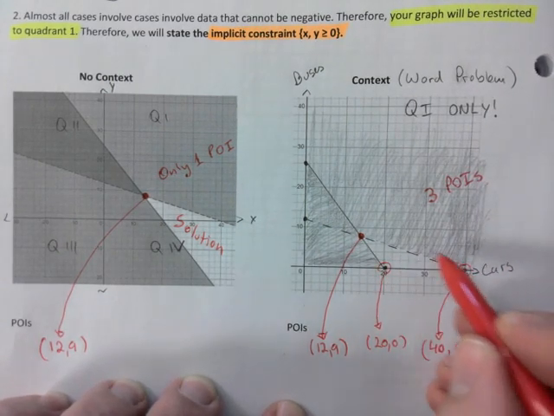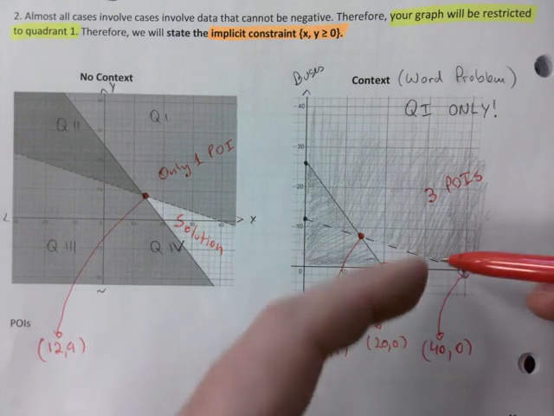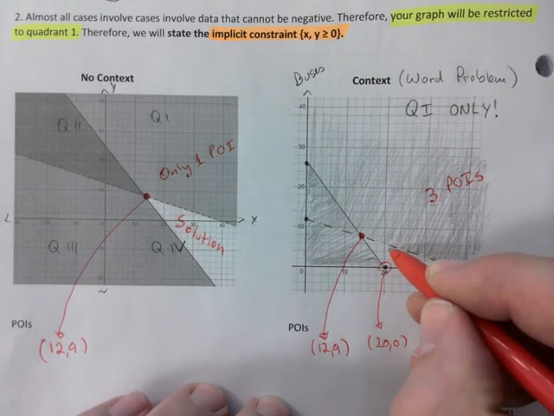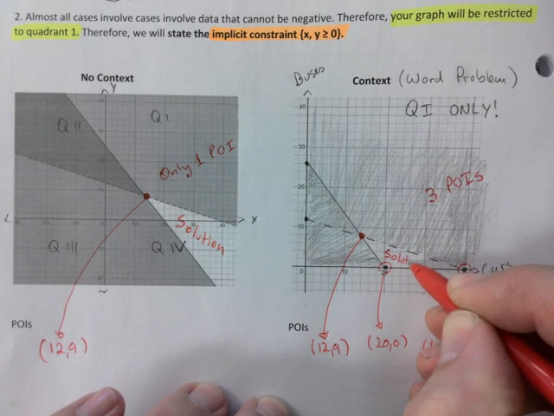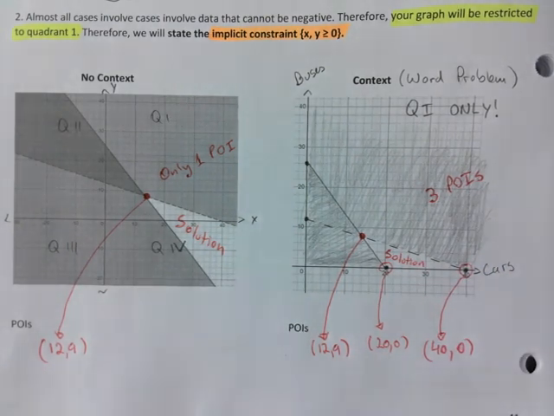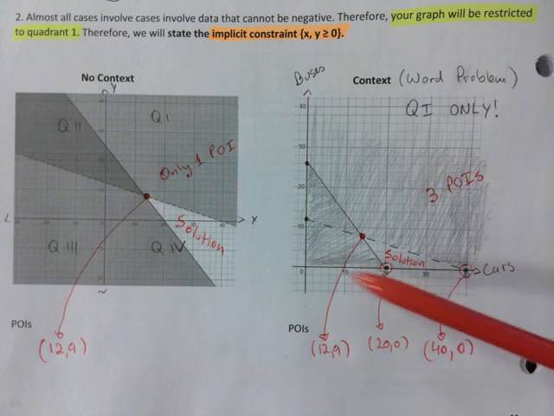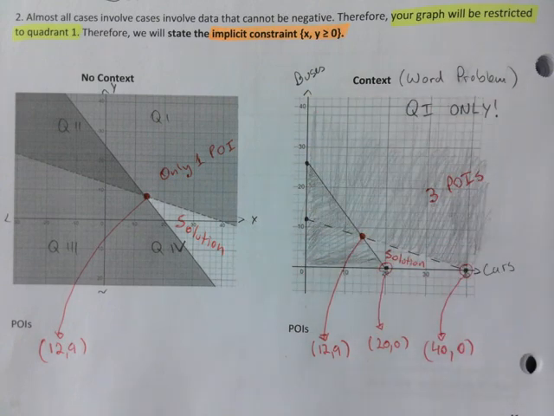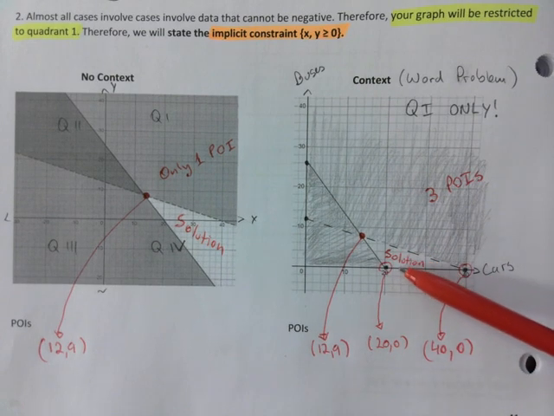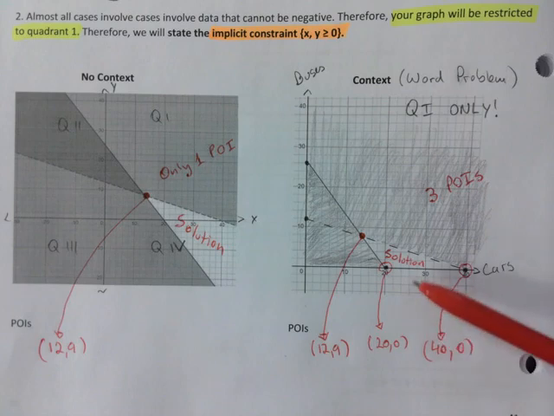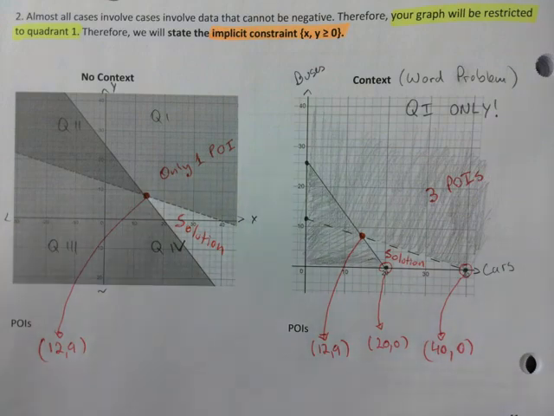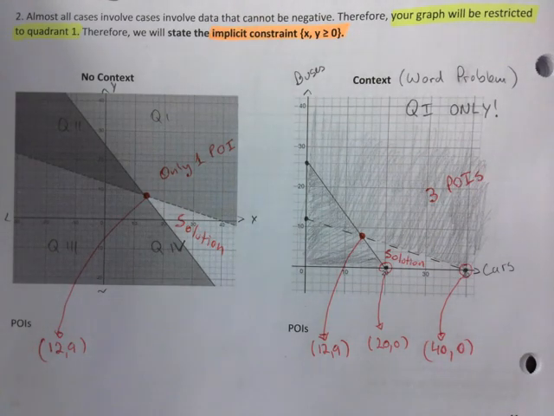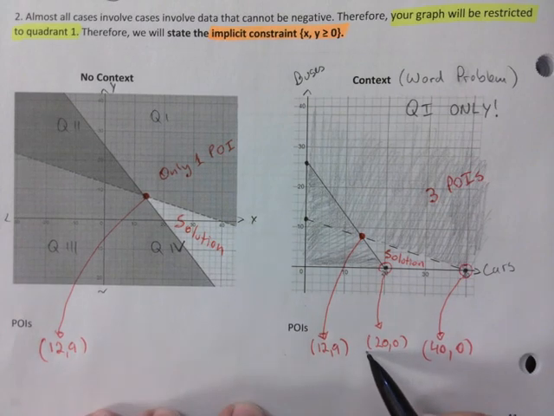And my solution region is restricted. It cannot go below the x-axis. My solution is like this. So our graphs, when we have a word problem, are going to stop at the x-axis or the y-axis. They're not going to go past it. We're going to stick within this solution region because you can't have negative buses, in this case. So there we go. Anything else? Maybe I should say this.